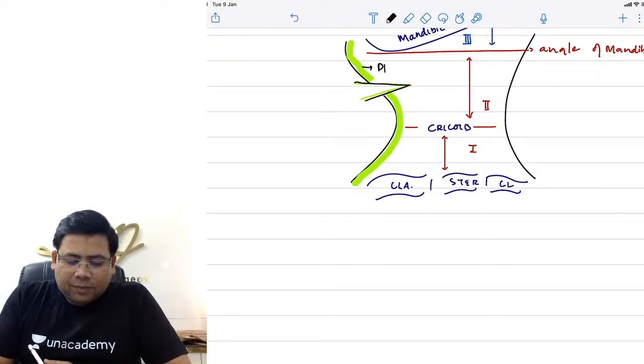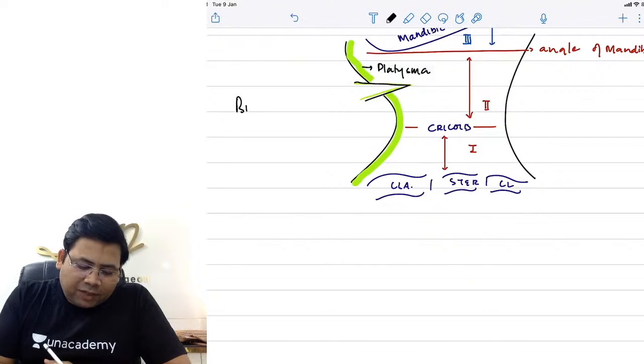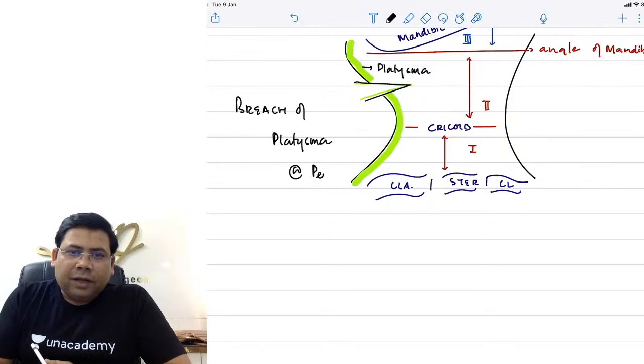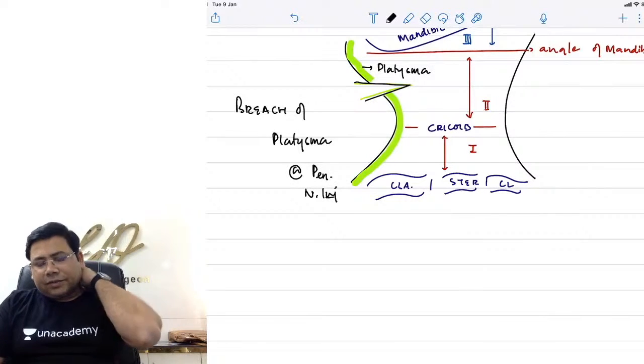Platysma. This is very, very important, students: breach of platysma qualifies as penetrating neck injury. So if platysma is injured, it's a penetrating neck injury.